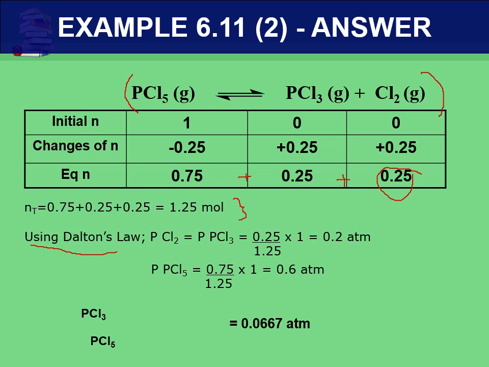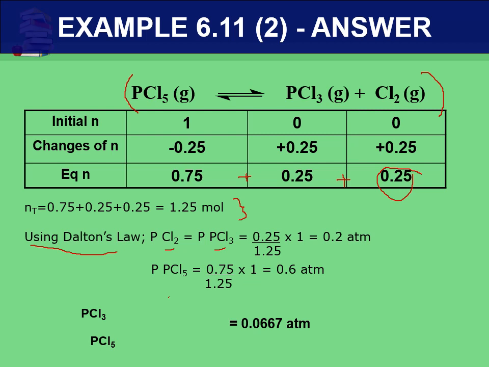So the partial pressure of Cl2 and PCl3 is 0.25 mole divided by 1.25 multiplied by 1 atm. This is 0.2 atm. And the partial pressure of PCl5 is 0.75 divided by 1.25 multiplied by 1 is 0.6 atm.